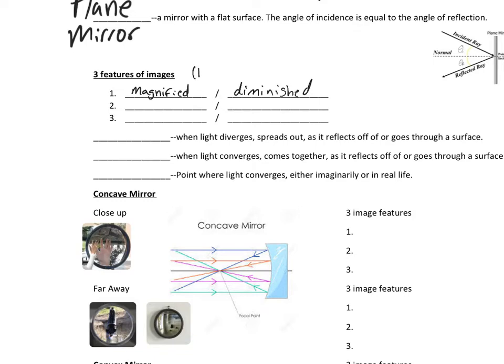Magnified means that it's bigger, and diminished means that it's smaller. You also have upright or inverted. Upright is whenever the image comes out looking the way it's supposed to, and inverted means it's flipped upside down.